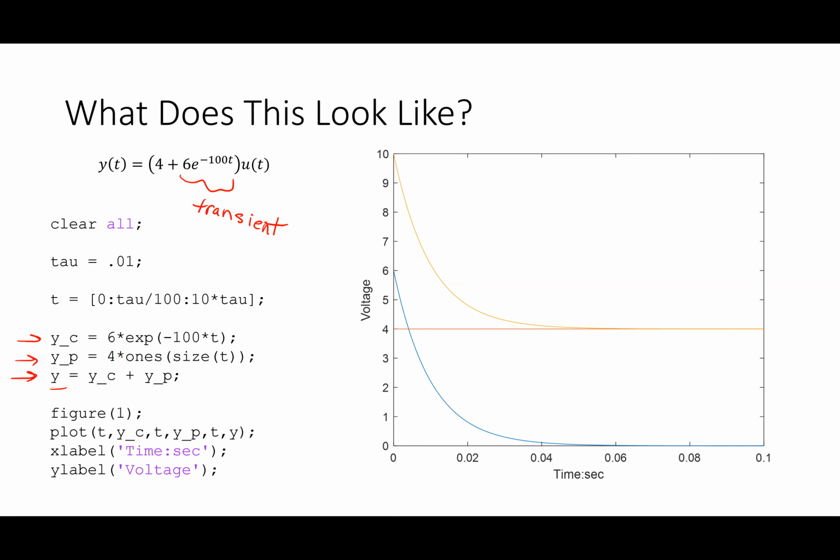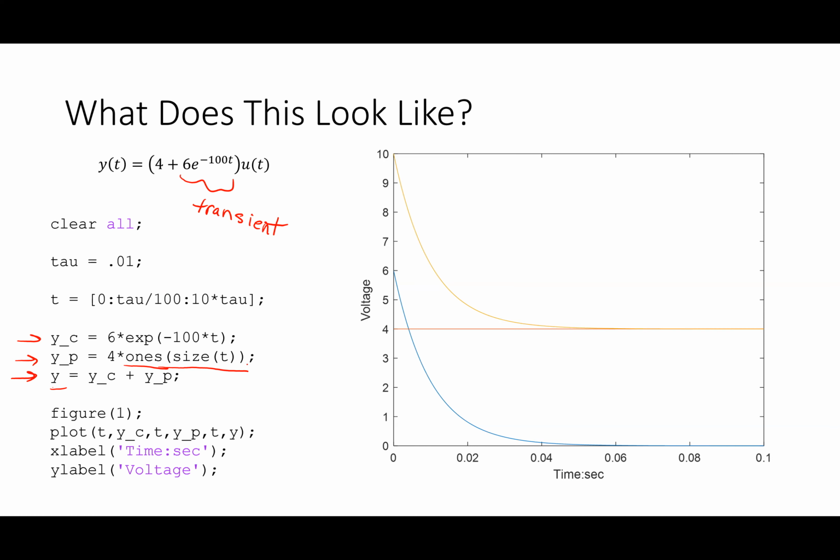Now, a new command that I added here is this guy, ones. I mentioned at the very beginning of the semester, ones is going to give me a vector or a matrix of ones, the number 1. So it's kind of like my unit step thing here, right? So when I say ones of size t, what does that mean? What's going to come out of this expression?